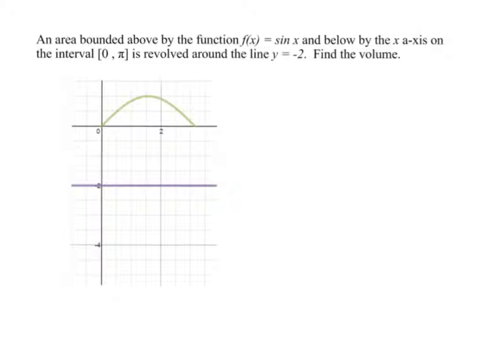Now, this one is just something to be careful of. It says we have an area bounded above by the function y, f of x equals sine x, and below by the x-axis, revolved around the line y equals negative 2. So this is the area we're talking about that's been revolved. Of course, it's down here. If I pick a point, this has been rotated around like that.